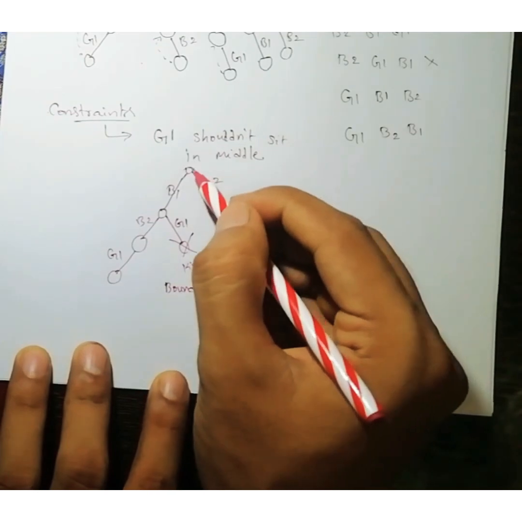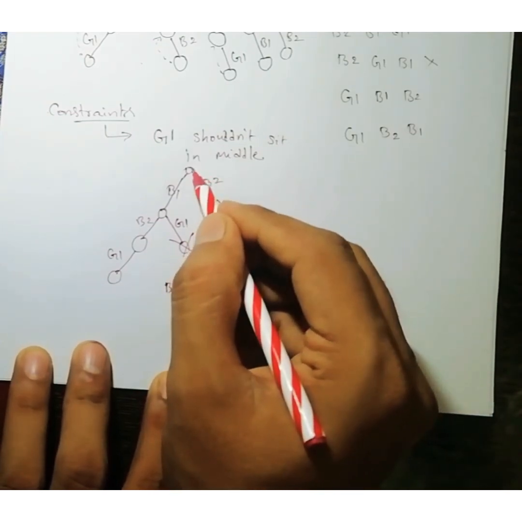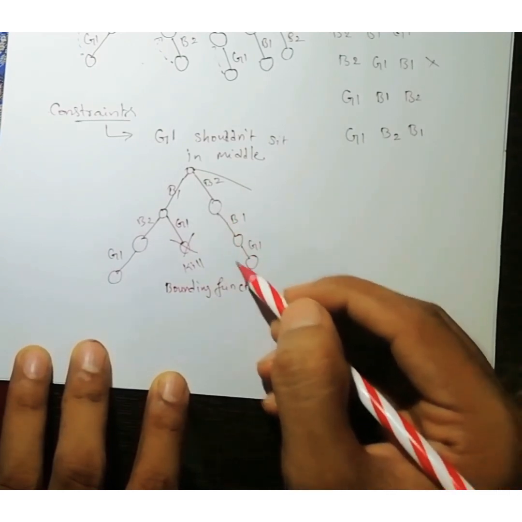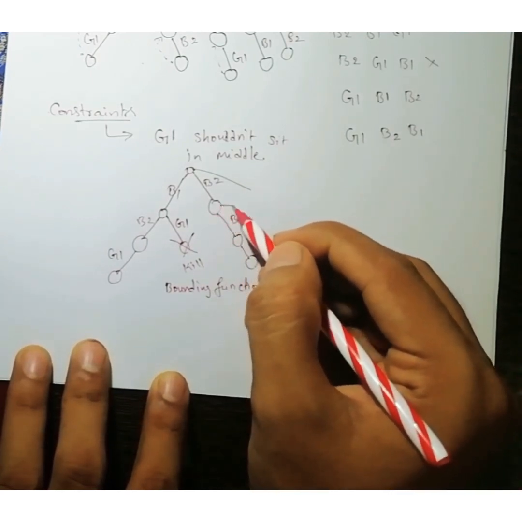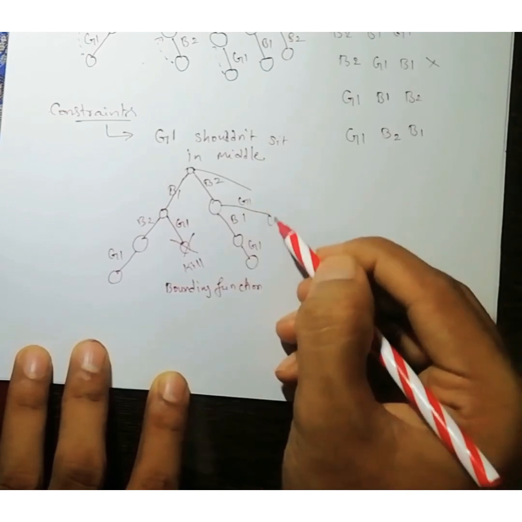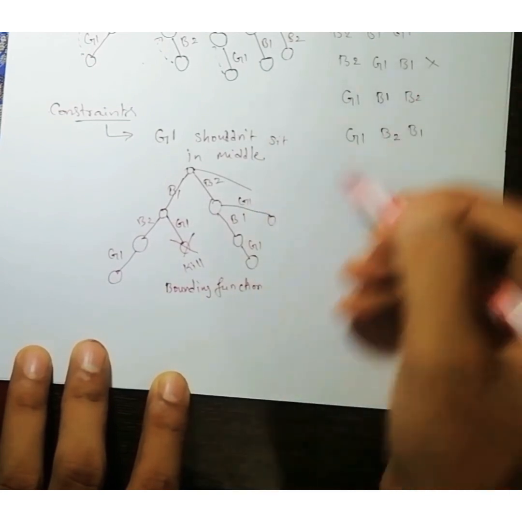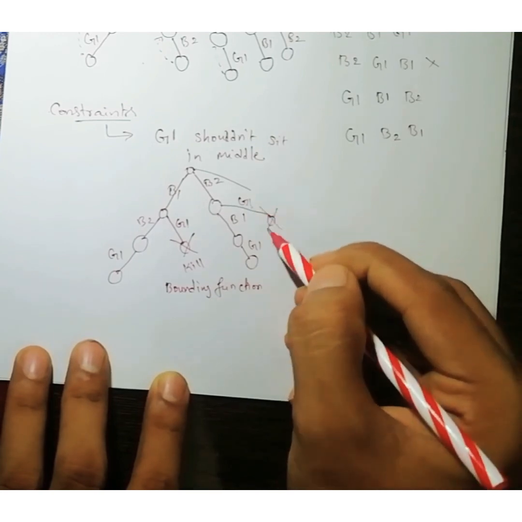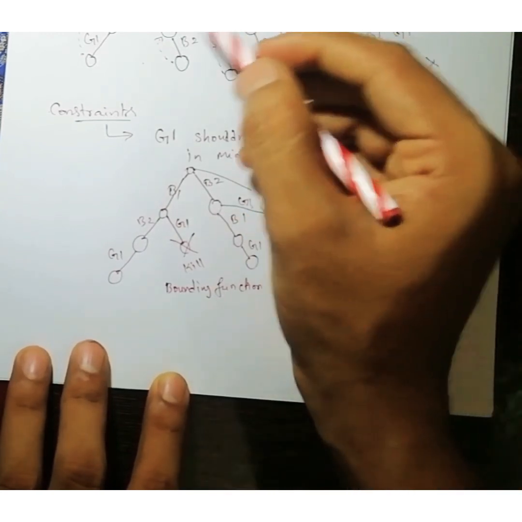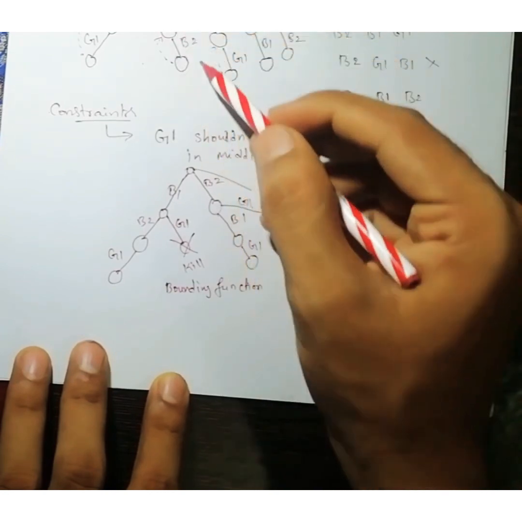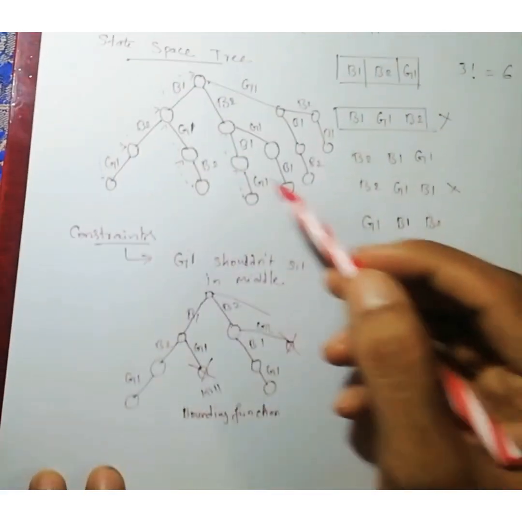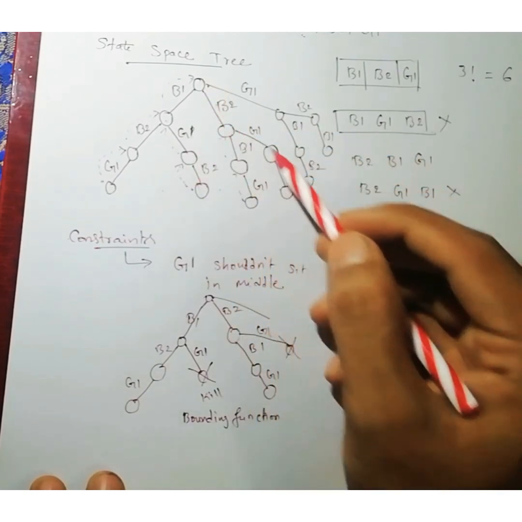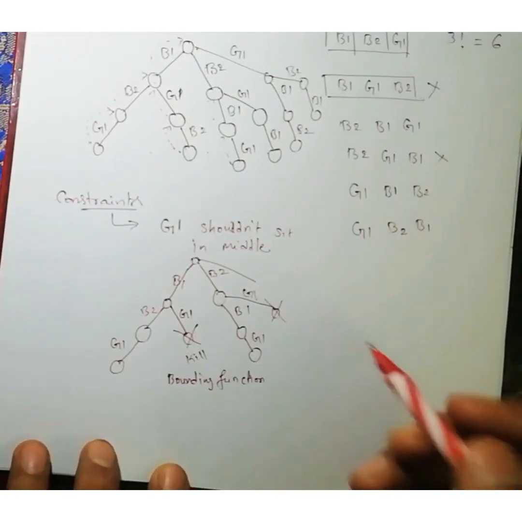Next, just go back. Here it is G1. After G1 I will place boy 1, but the girl should not sit in between, so I am killing this path also. I am killing this path, and this path too.